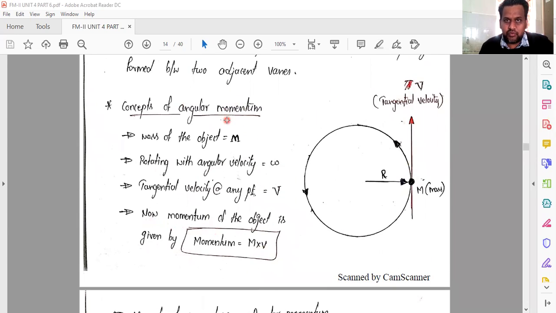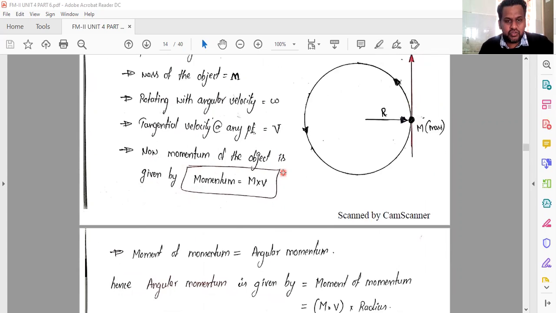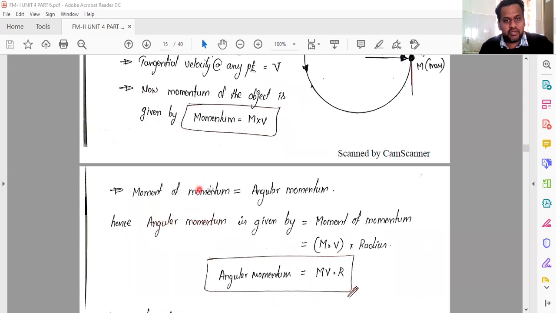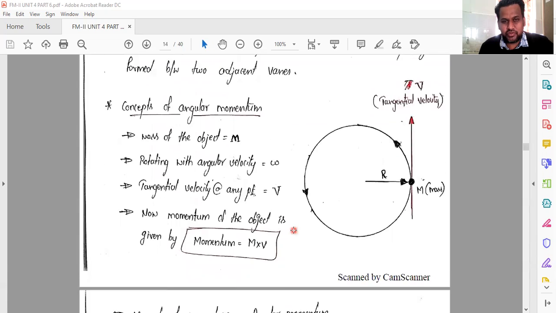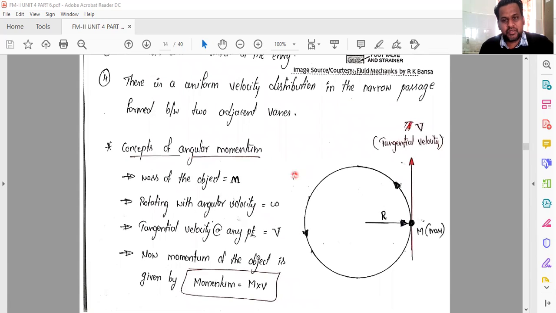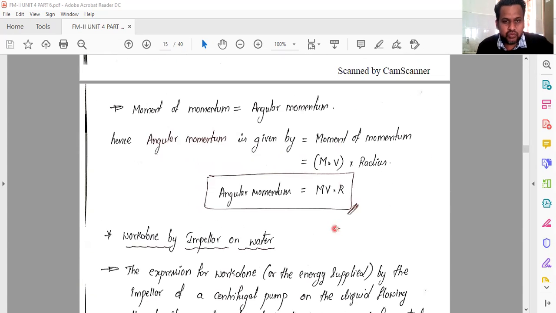But what about angular momentum? Because there is a difference between momentum and angular momentum. So moment of momentum, you know how to take moment, correct? Moment is nothing but the force into perpendicular distance. So moment of momentum is nothing but angular momentum. जो momentum है उसका जो moment निकालते हैं उसको बोलते हैं angular momentum.